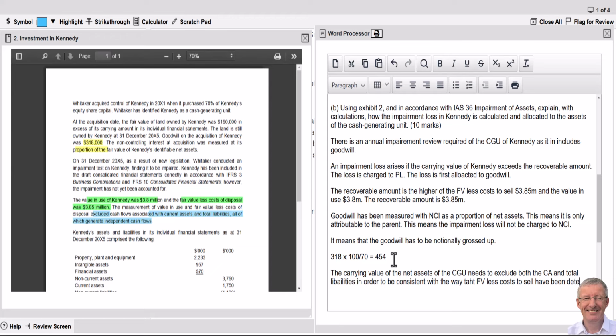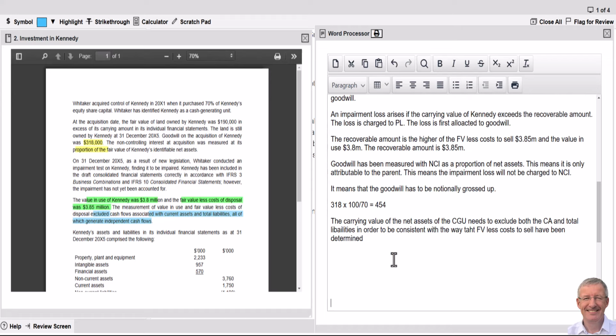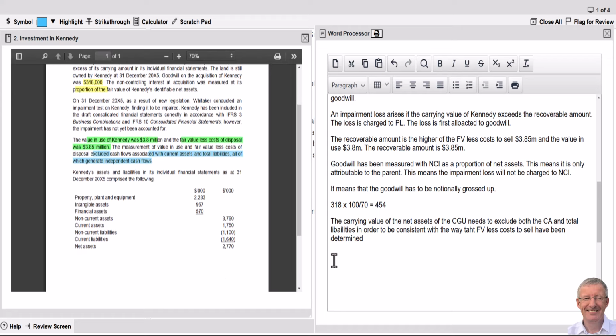So look, there are various ways of doing this, and you could be using a spreadsheet, but I'm just trying to break it down and keep it simple, avoiding opening up too many screens. What we've got here is our PPE, which is at 2233. We're then going to include the intangible assets at 957, and then the financial assets at 570.